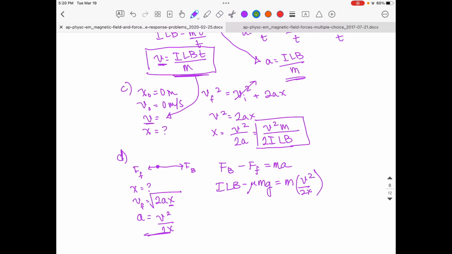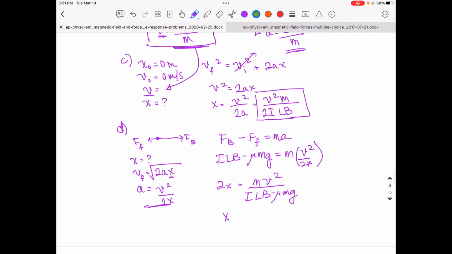So let me start by multiplying 2x to both sides and dividing the ILB minus mu mg to the other side, and then I'm going to divide the 2. So x is equal to mv squared over 2 times ILB minus mu mg, and I think it just leaves it in that form.